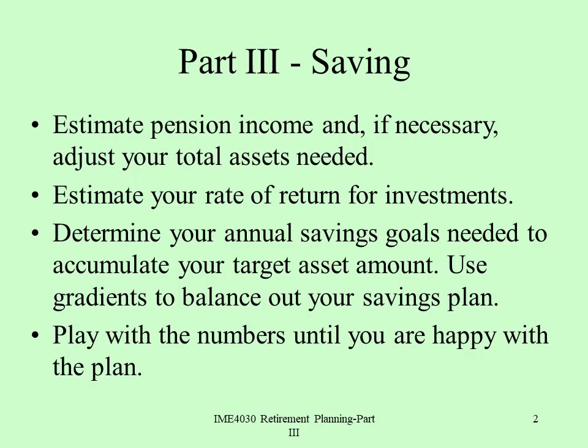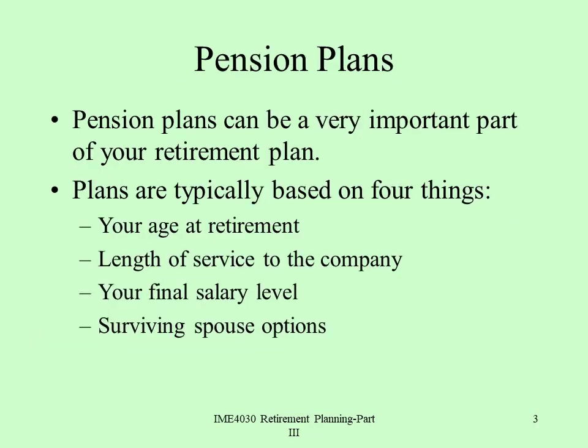So let's go to slide number 3 and start talking about pension plans, because they can be a very important part of your retirement plan. Pension plans typically are based on 4 things: your age at retirement, your length of service to the organization, what your final salary level was, and what surviving spouse options you choose. Let's go to slide number 4.